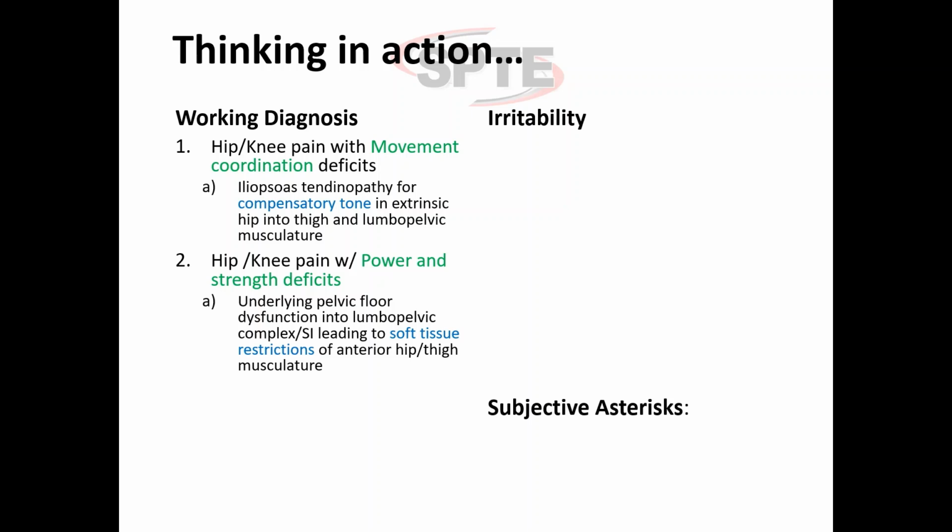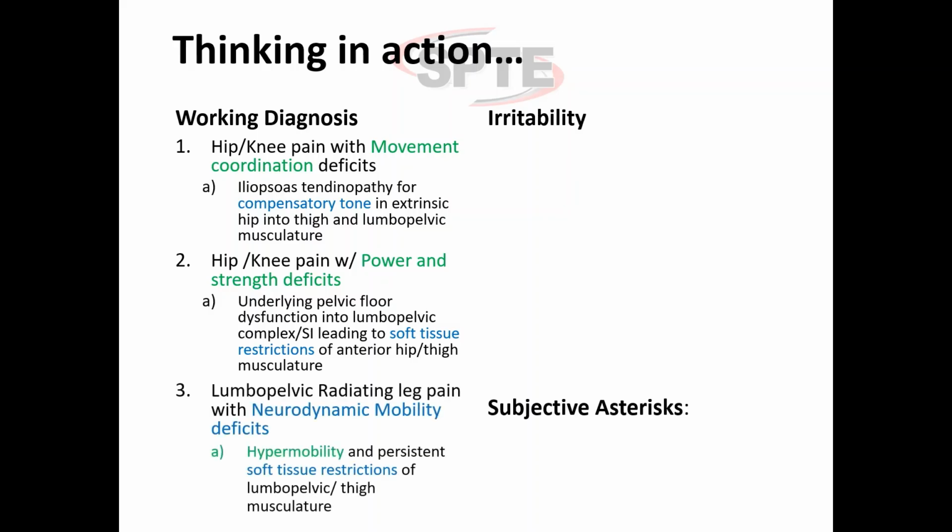The biggest difference between these two is really the location of some of the pathology that may be going on. Is this pelvic floor SI driving some of the motor control deficits, or is this really localized to the hip complex, leading to both the knee and the lumbopelvic? And then finally, maybe looking up the chain, looking at lumbopelvic radiating leg pain with neurodynamic mobility deficits.